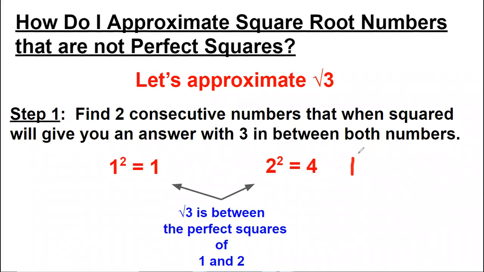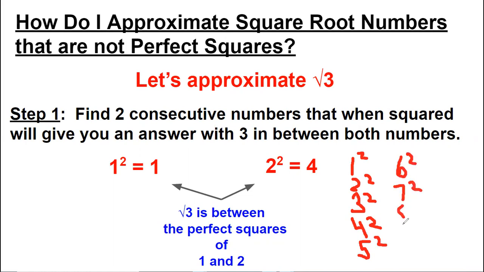Start memorizing what 1 squared equals, what 2 squared equals, 3 squared, 4 squared, 5 squared. Start memorizing them. 6 squared, what does that equal? Memorize your doubles, so to speak. 7 squared, 8 squared. I'd like you to go all the way up to 15 squared. So memorize as much as you can. It'll make your life a lot easier.